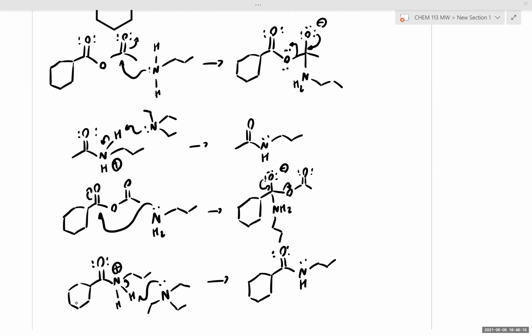Attack at the least hindered position is preferred. So acetylation of your propylamine nucleophile is preferred over the attack at the more hindered position, just because the methyl group exerts less steric hindrance than the bulky cyclohexyl group.